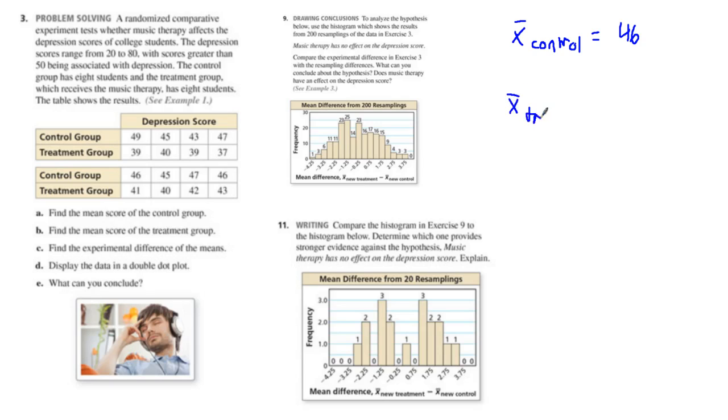And then the mean of the treatment group is 39, 49, 41, 40, 39, 39. I'm just saying random numbers. I think the mean is 39 or 40. It might be 40.